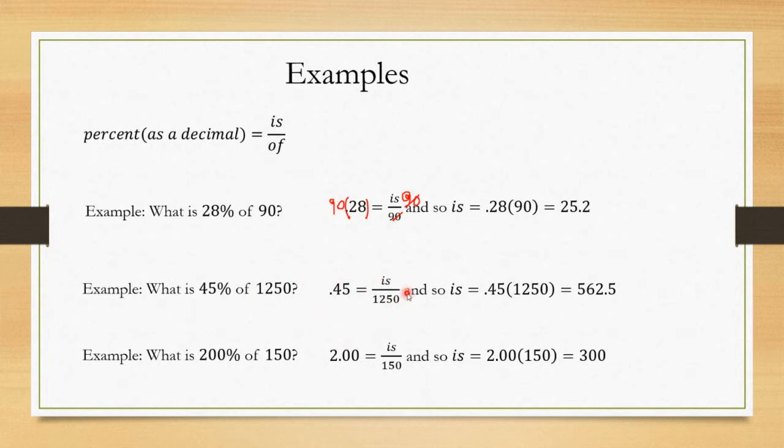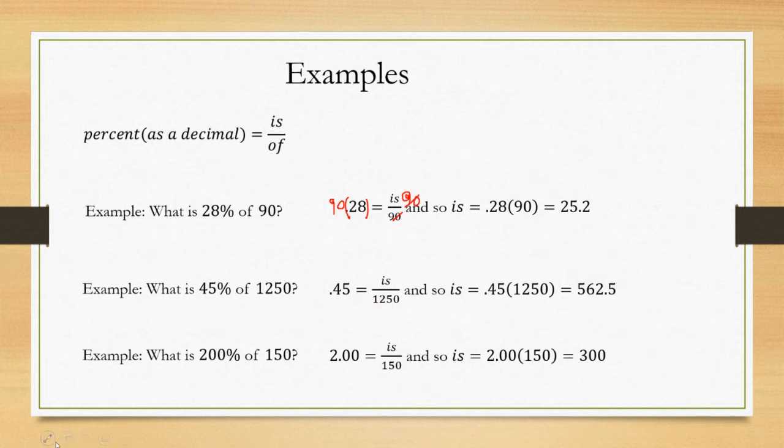And really, you just multiply both sides by 1,250. And when you do that, what you're going to get is is equals 0.45 times 1,250, and that's 562.5.